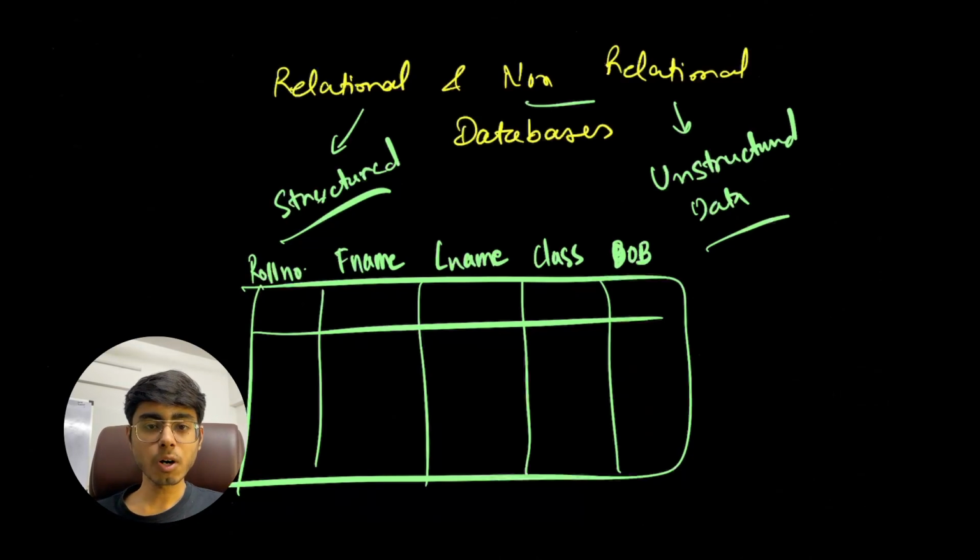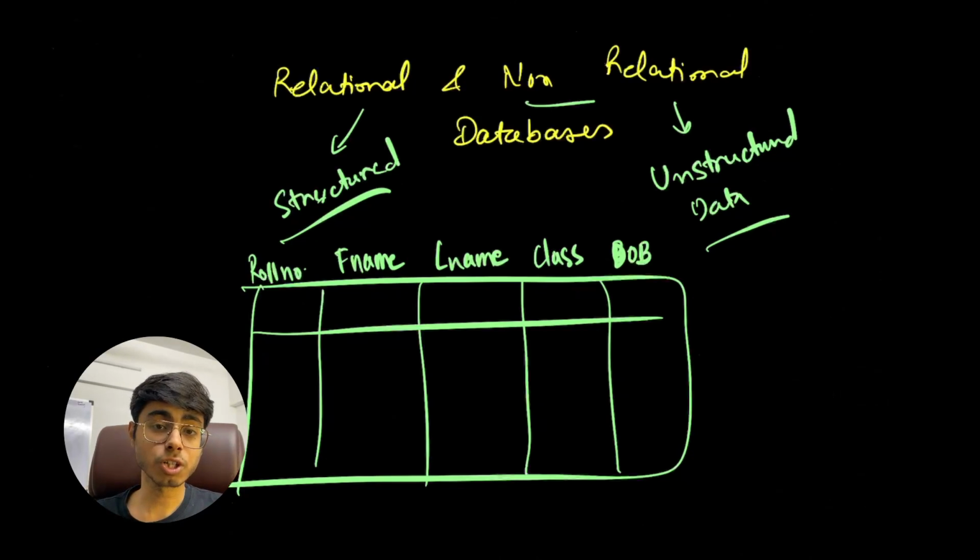It's not like one student will have various properties like 4 hands, 6 hands. All the students are going to have the same features, and you can store thousands of students into this table.